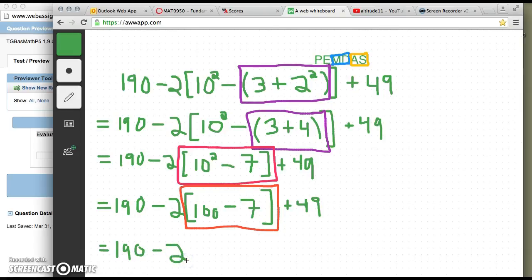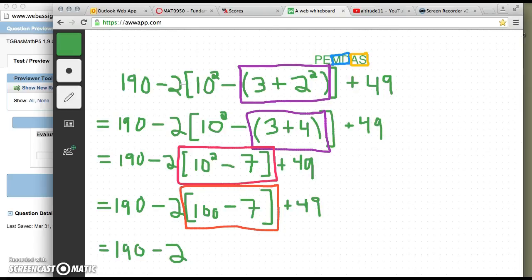And this is one thing that I did neglect to mention at the very beginning, guys. Notice that there's nothing in between this 2 and this bracket style parenthesis. If you do not see any operation connecting two expressions, you have to assume that that is multiplication.